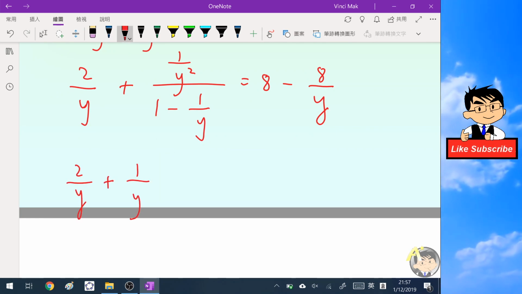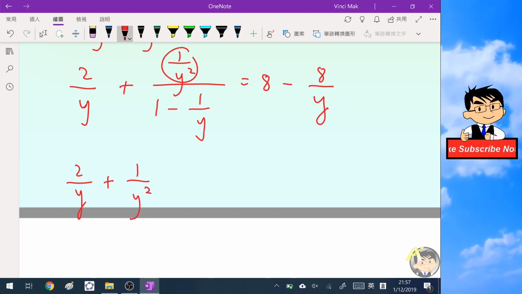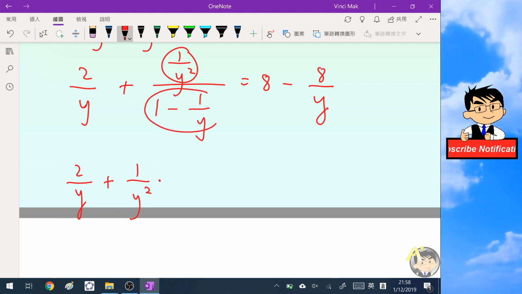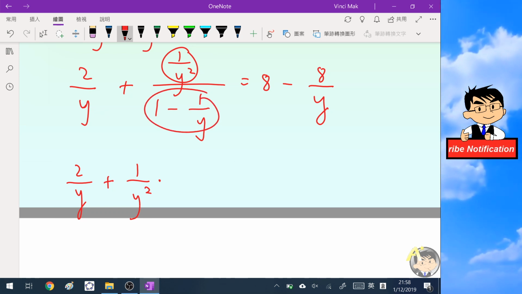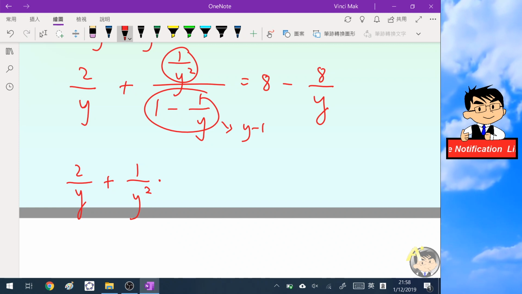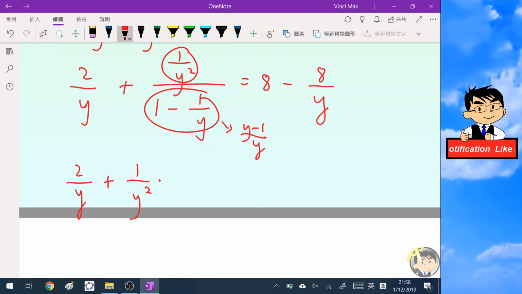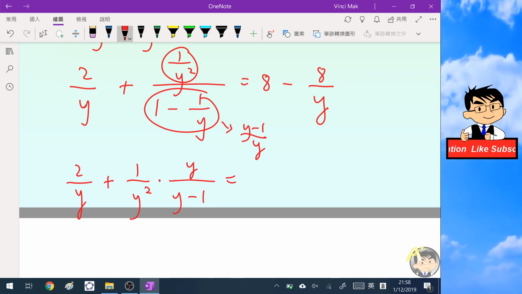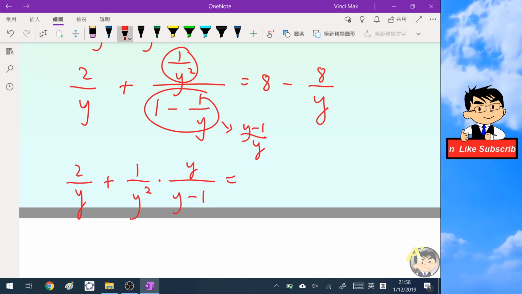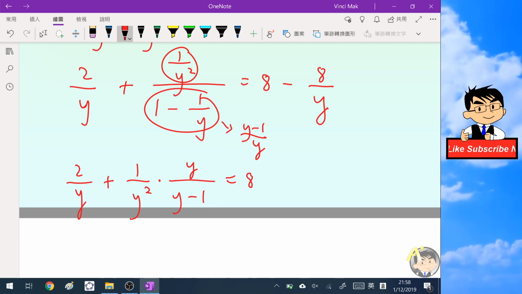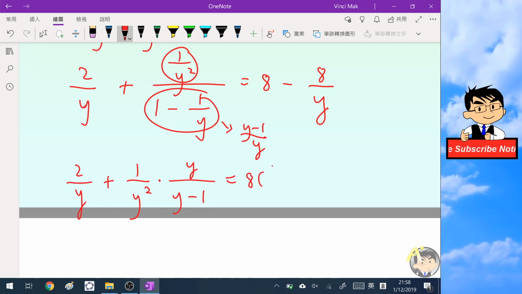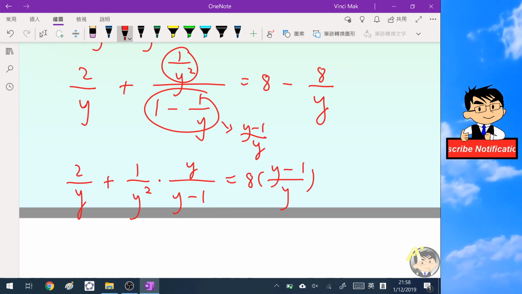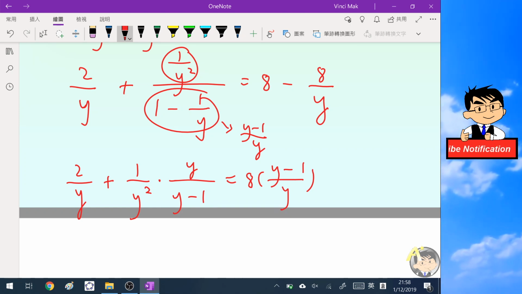We put the numerator, the whole fraction in the front, multiply. Notice that this one will become y minus 1 over y, and then we flip the fraction, so we get y over y minus 1 equals, how about we factorize the x out, and then we make the two terms become a single fraction, y minus 1 over y.